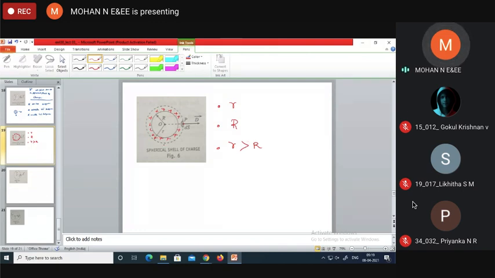This dotted line is the concentric sphere of radius r, which passes through the point P. The flux lines definitely move radially outwards, and that will be normal to the Gaussian surface. So the elementary area on the Gaussian surface is ds, and the flux lines will definitely move radially outwards.